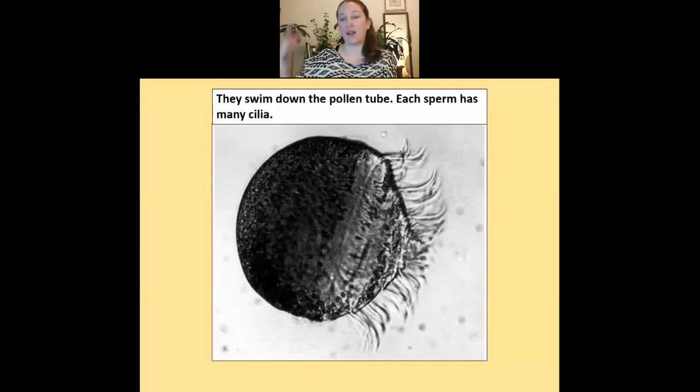Now the sperm swim down the pollen tube. And as you can see from this microscope slide, each sperm contains many, many cilia. So cilia are like these little hair-like things that help the sperm swim. And you can see on this slide of a cycad sperm, all of these little tassels on the right-hand side are the cilia. So many, many, many cilia.